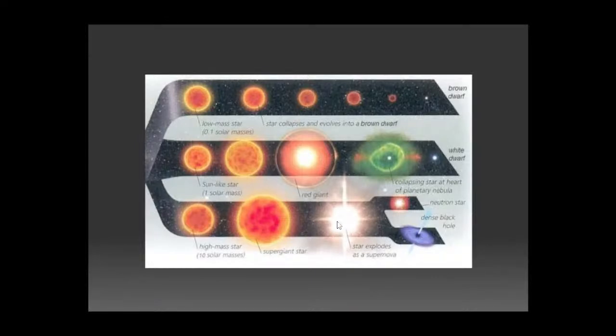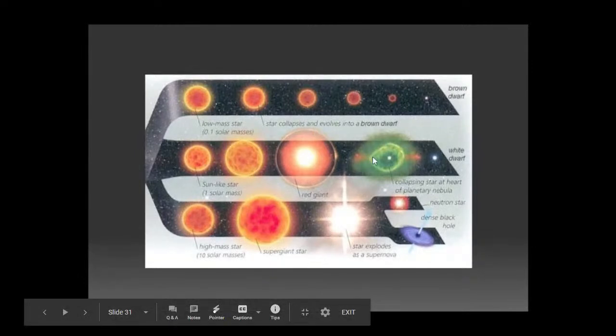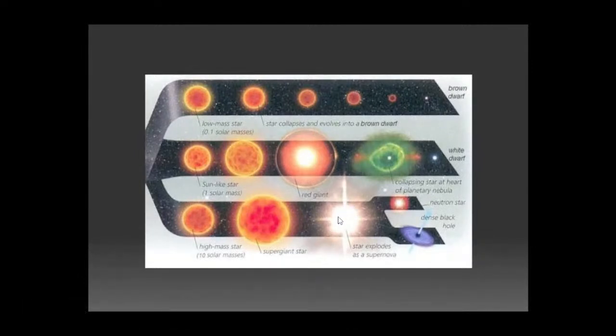If the core mass is less than or about 2.5 to 3 solar mass, then after the envelope explodes as a supernova, the core collapses into a neutron star.